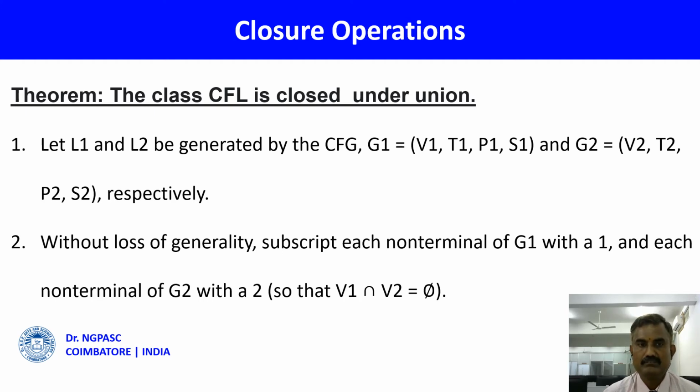Without loss of generality, G1 denotes the first grammar and G2 the second grammar. Next we note an important concept: the set of non-terminals in the first grammar intersected with the second has no relationship, that means V1 intersection V2 is always the empty set.